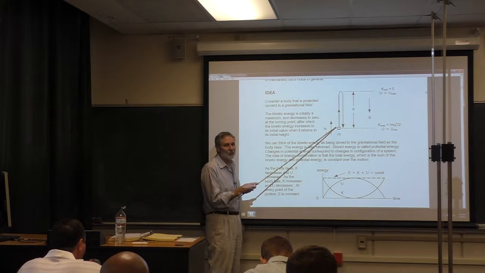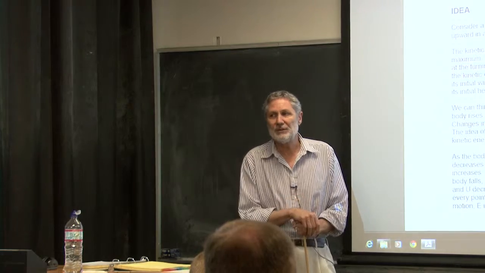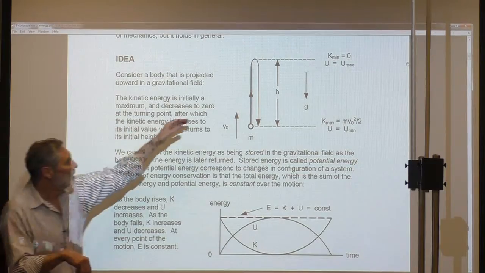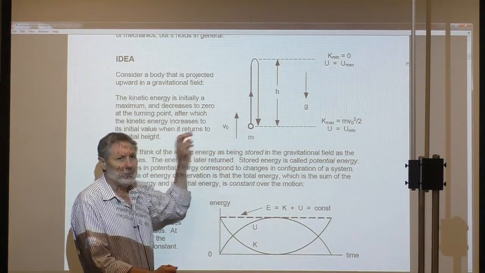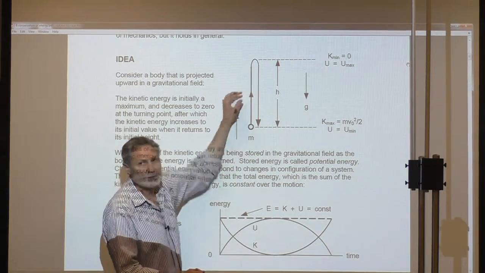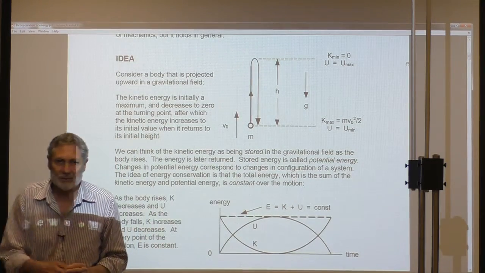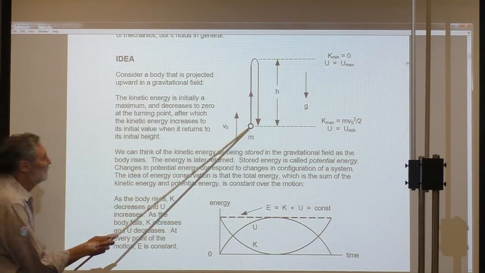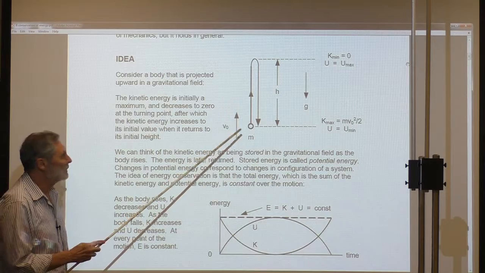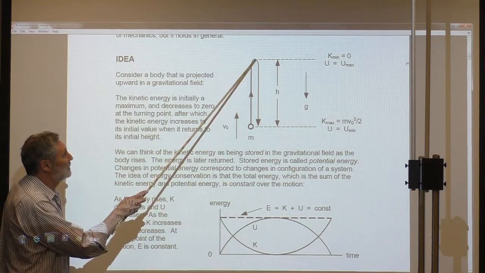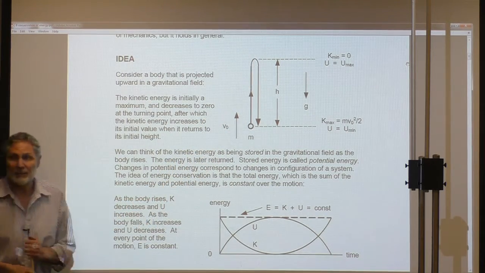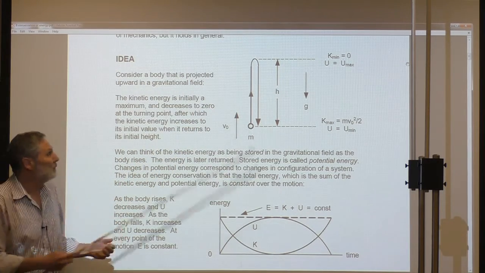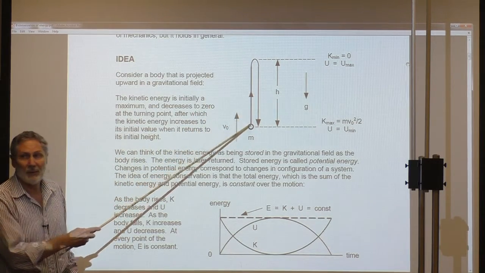It's being stored as what we call potential energy, and we'll do a rigorous definition in a moment. More and more of it is being stored due to the gravitational field. Finally, at the top, we hit the max. There's going to be the maximum potential energy, and we think of it as stored energy because we get it all back on the way back.